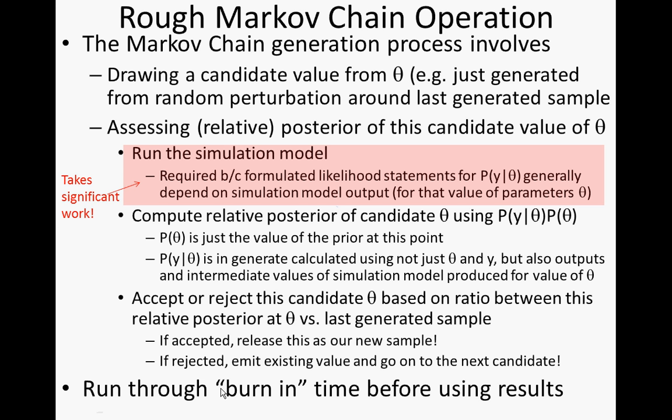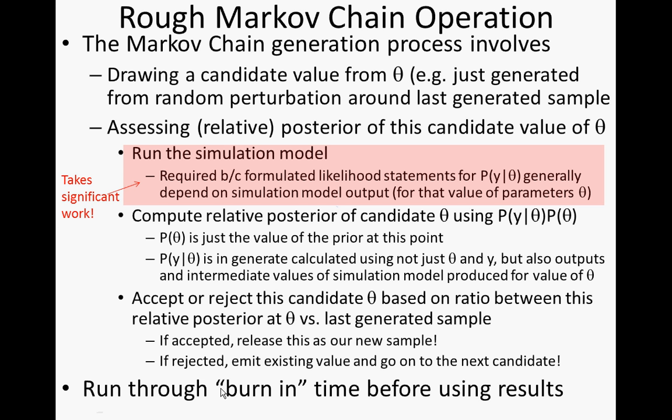So we don't want it to depend on accidents of where we happen to start in the space. We want it to get to a point where it's forgotten where it started, and it's well mixed.